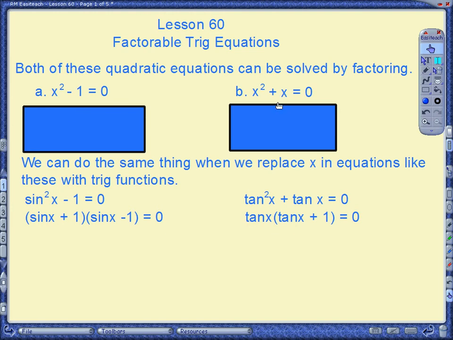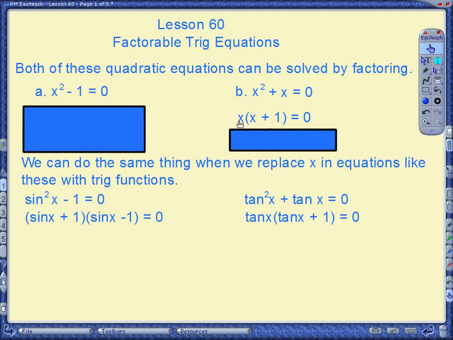In this, we have x squared plus x equals 0. We have a common factor in this problem, and the common factor is x. So when we factor this, we take out the common factor and leave x plus 1 in the parentheses.